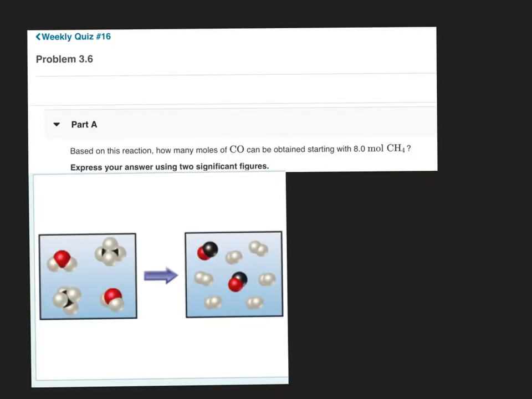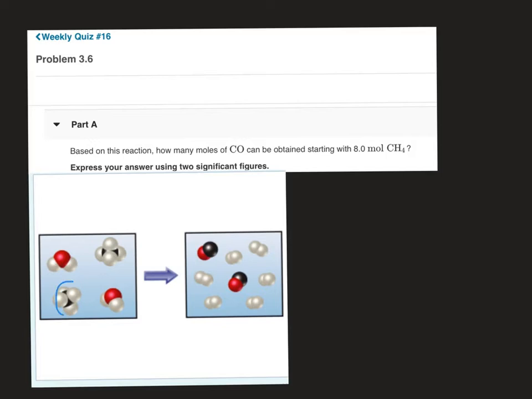This question can be looked at a number of different ways. You can actually do the full all-out calculations, or you can look at some of the comparison and do some comparisons. Based on the reaction, how many moles of carbon monoxide can be obtained with starting with 8 moles of methane?